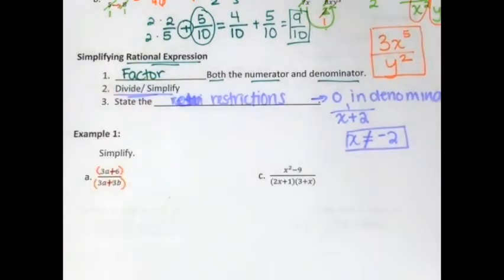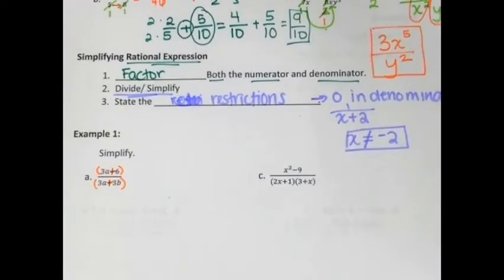They're married together. They have to stay together. The only way we can cross those out is if it's the exact same thing in the denominator. So if I saw 3a plus 6, I could only simplify the denominator as if it was 3a plus 6. So first thing, let's go ahead and factor this.